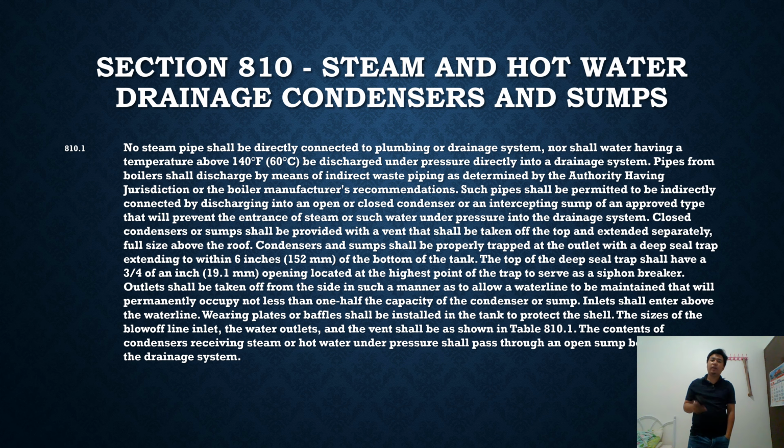First, what is a condenser? What is the purpose of this condenser? The condenser is a heat exchanger which removes the latent heat from the exhaust steam so that it condenses and can be pumped back into the boiler.